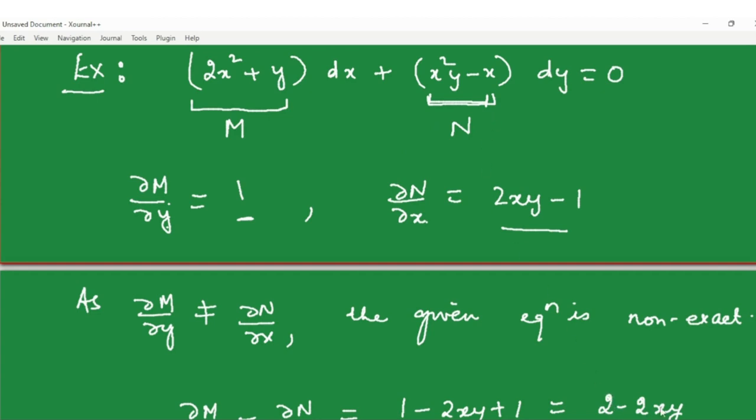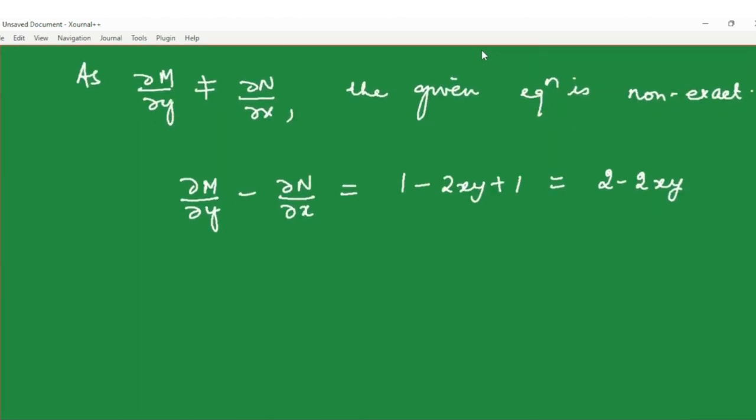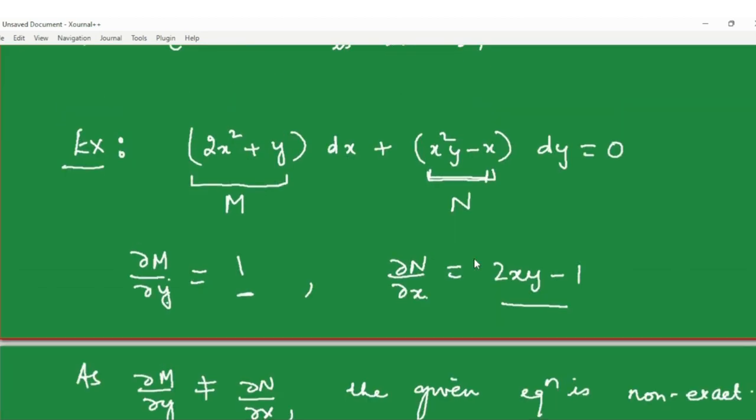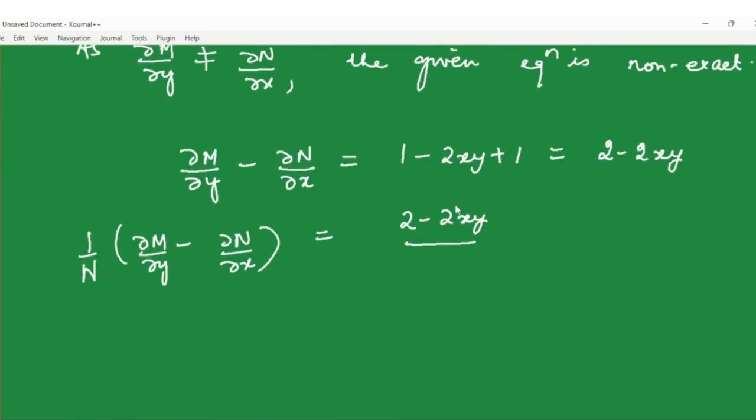It's 2 minus 2xy. If I divide it by x square y minus x, let me see what happens. I am taking the difference del M by del y minus del N by del x divided by N. This difference turned out to be 2 minus 2xy, and I am dividing by N. N is x square y minus x. If this simplifies just to a function of x, then things are working well for us.